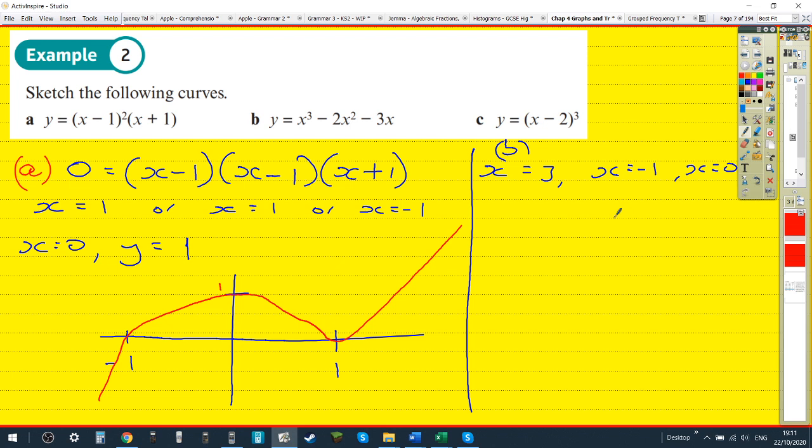And then you draw the graph out. So on the x-axis there'd be 3, -1 and 0. And then on the y-axis there'll be 0.